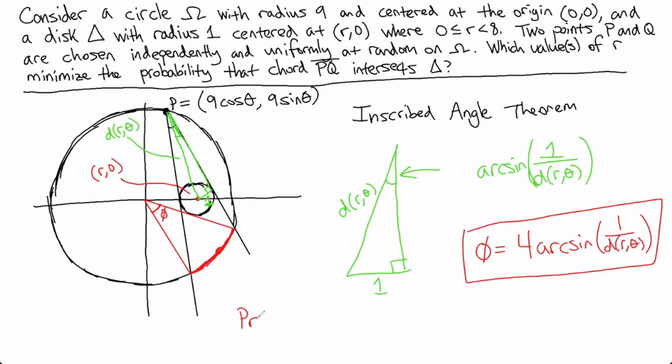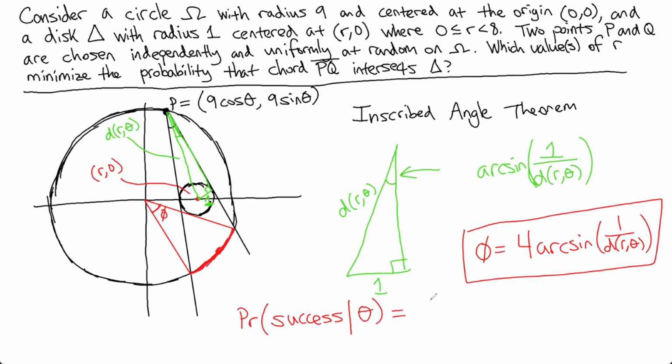And therefore, the probability of a success, where let's suppose that when I say success, I mean that the chord we generate by this process intersects the disk. The probability of a success given a fixed value of P, or equivalently a fixed value of theta, which in turn tells us where P is on the circle.